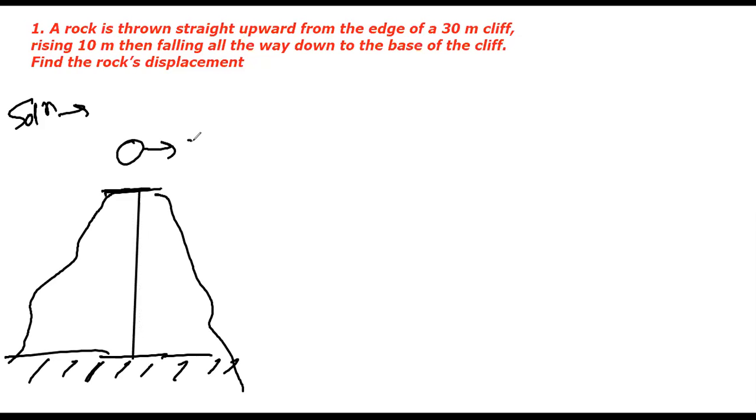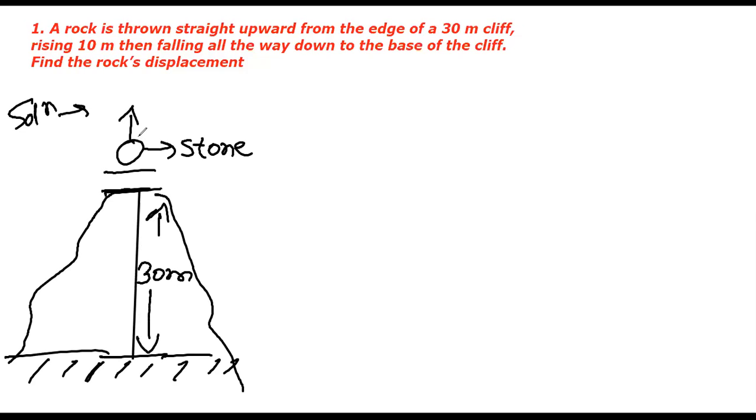Suppose this is a stone, thrown vertically upward from the edge of a 30-meter cliff. So the cliff height is 30 meters.